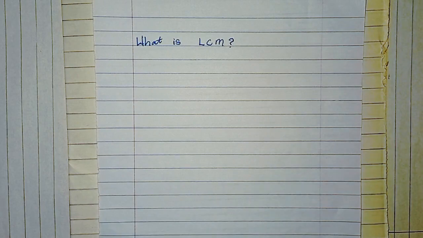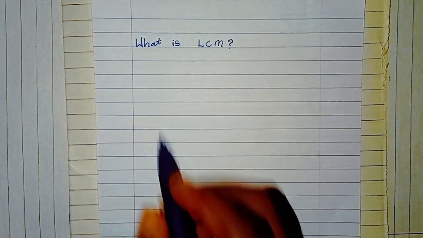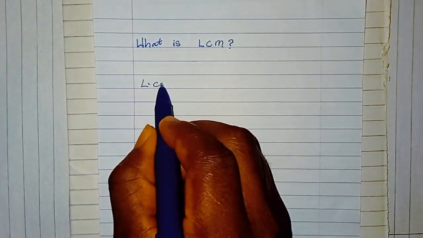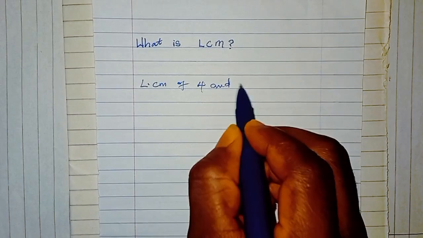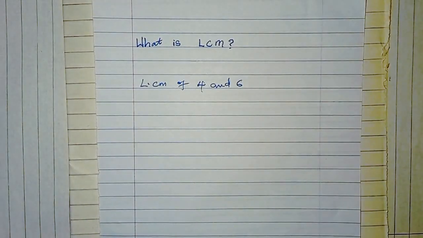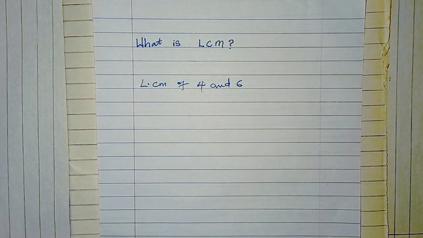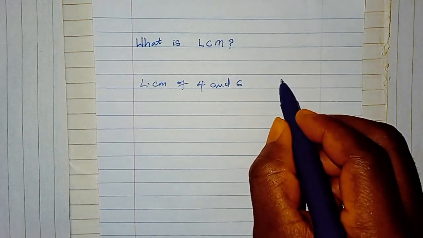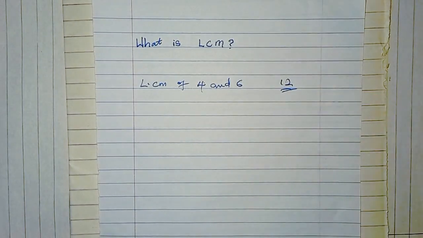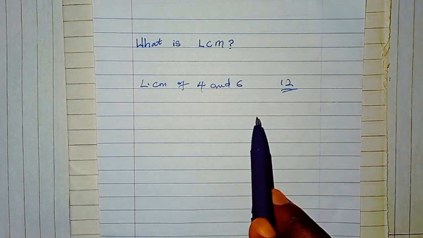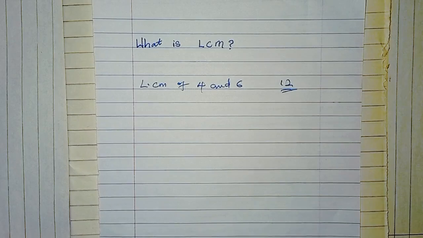For instance, when you are asked to find the LCM of 4 and 6, we can say that the answer is 12. The reason is that 12 is the smallest number that can divide both 4 and 6 without having a remainder.